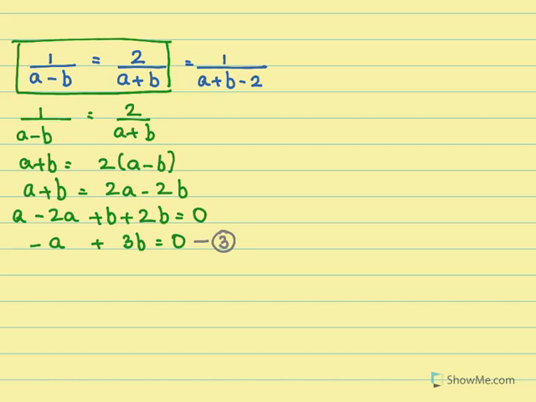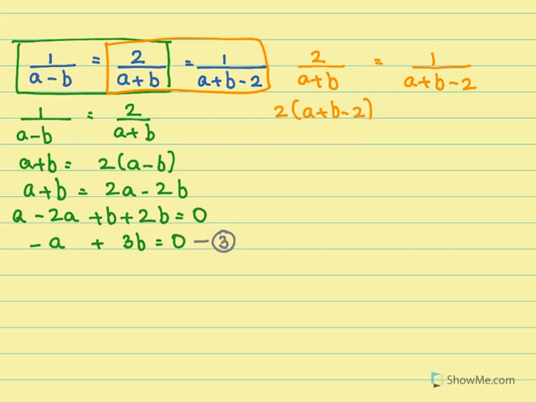Now to find the other equation, I take the other two parts. I will take these two. So I will write here 2 over a plus b equals to 1 over a plus b minus 2. On cross multiplying, 2 into a plus b minus 2 equal to a plus b.